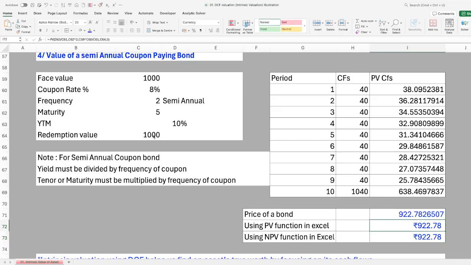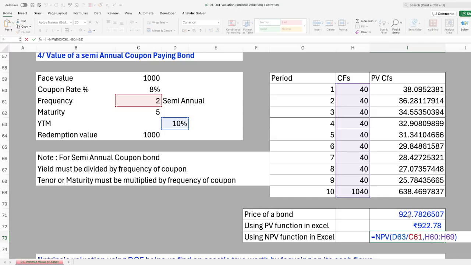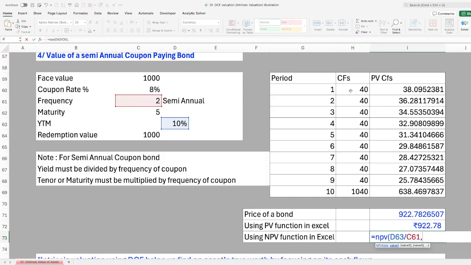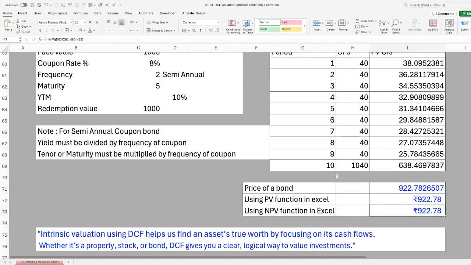So you'll get the same 922. We can also use the NPV method. While using the NPV method, again you need to be careful: the yield has to be divided by the frequency here, then the semi-annual coupons and the redemption value. So it will give you the same 922.